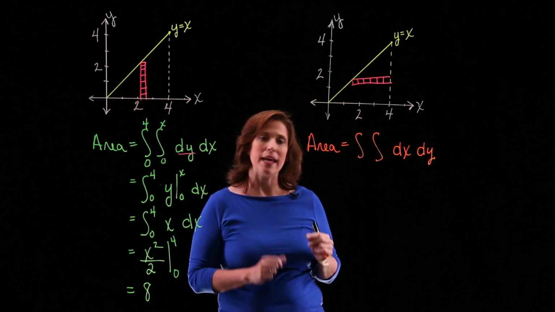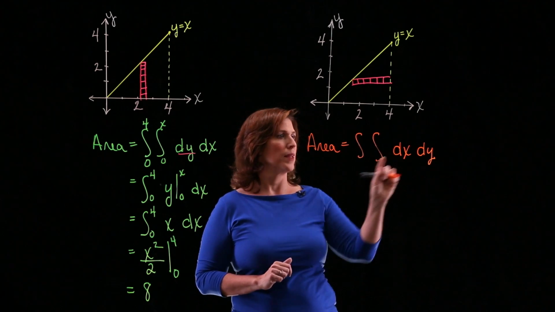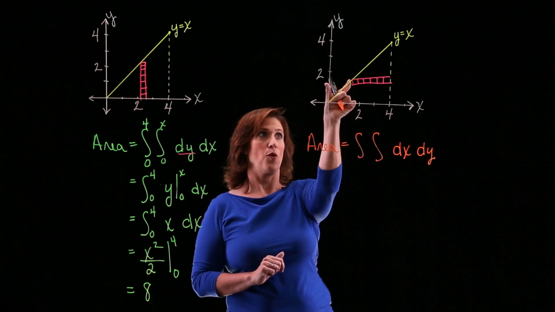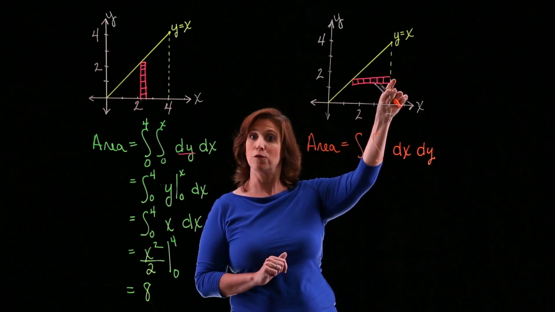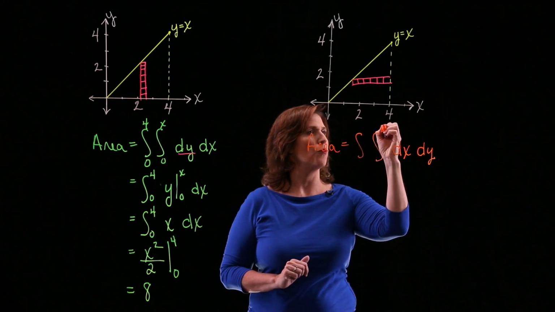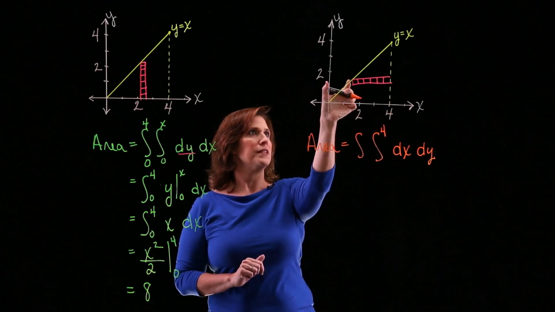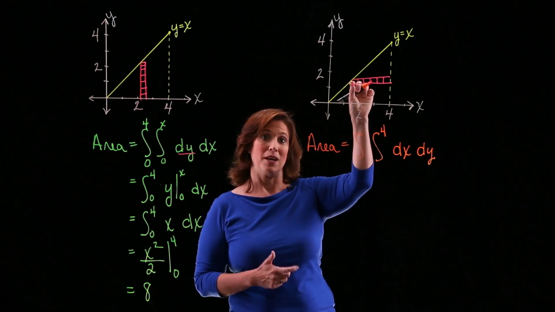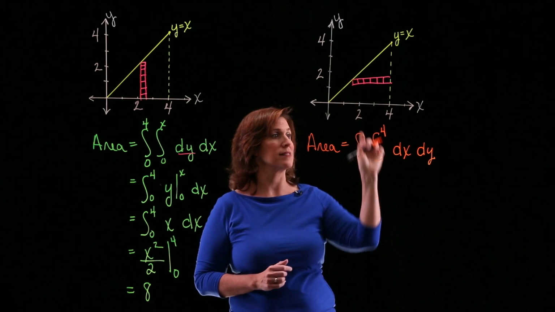So let's go ahead and put in my limits of integration for this. Thinking in terms of the change in x, I'll start here, which is a horizontal distance, and I'll go to 4. So it's easy to see that the upper limit here is going to be a 4. But where do I start? Well, the distance from here to here is going to be a horizontal measurement, or in other words, it's going to be measured in terms of x.